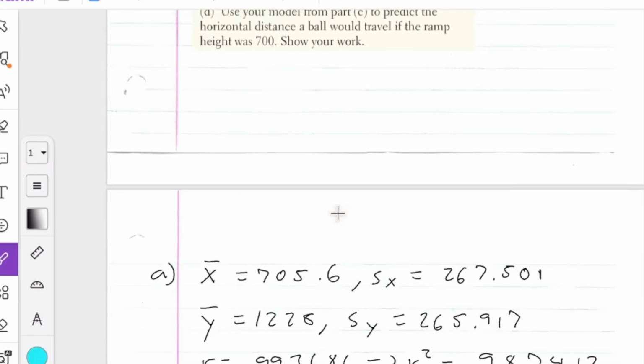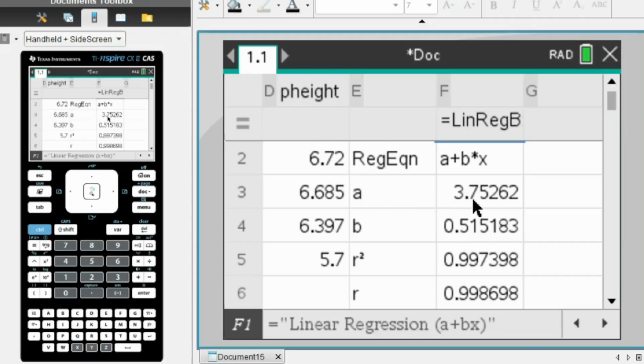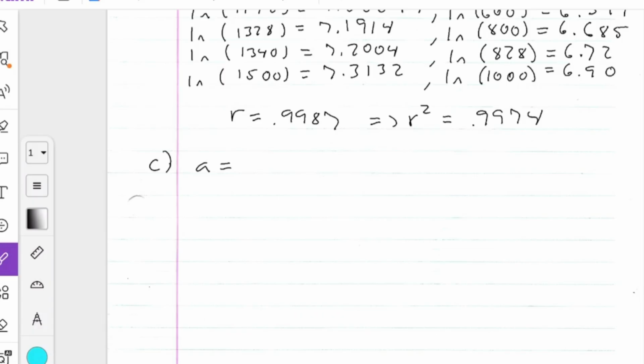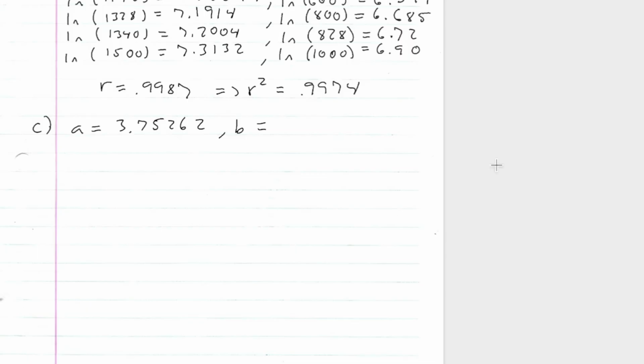So now for part C, since we're going to be using that power model, A is equal to, so let's go back to our calculator, 3.75262, right? And then our B is equal to 0.515183.